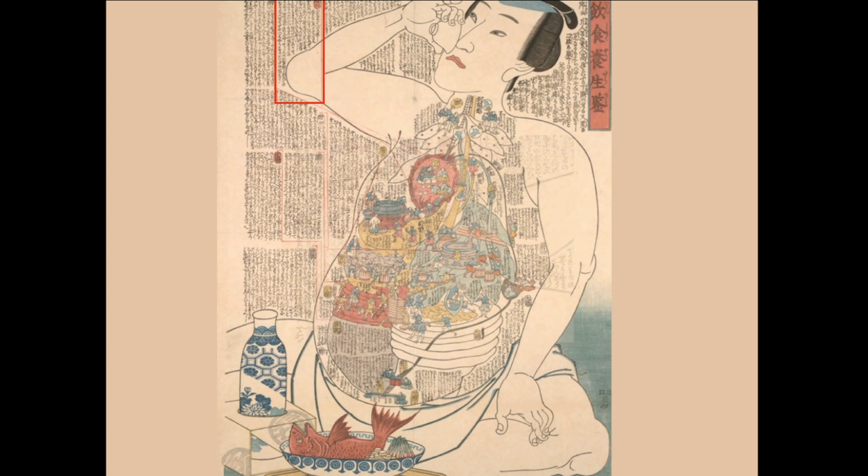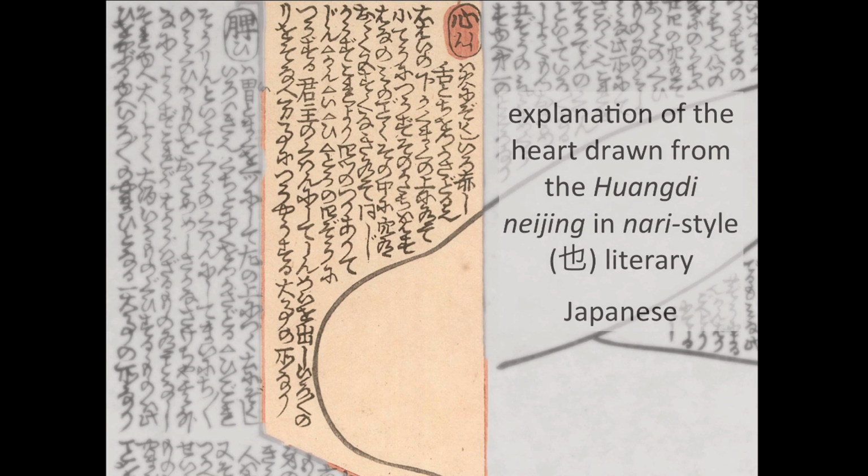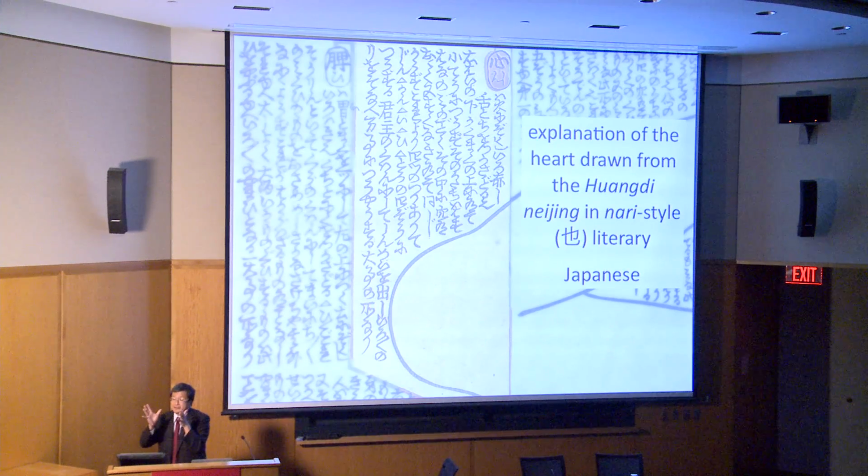But if we look at the outside of the picture and actually read the text, we discover something quite striking, which is that this part of the text, a description of the heart, is written in literary Japanese. It's the naribun, nani nani nari. And it's in fact a direct quotation from the Huangdi Neijing, the Yellow Emperor's Classic of Medicine. So it's not playful at all. It's serious medicine.